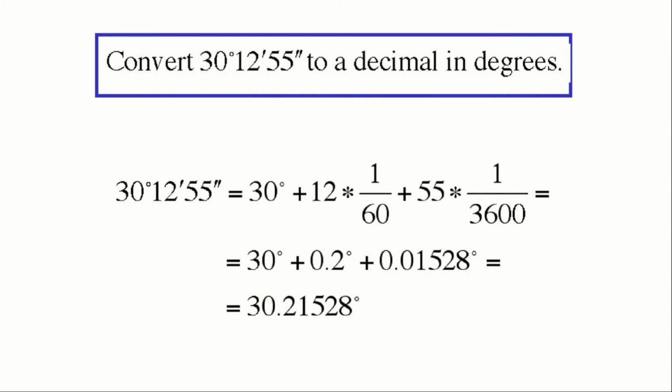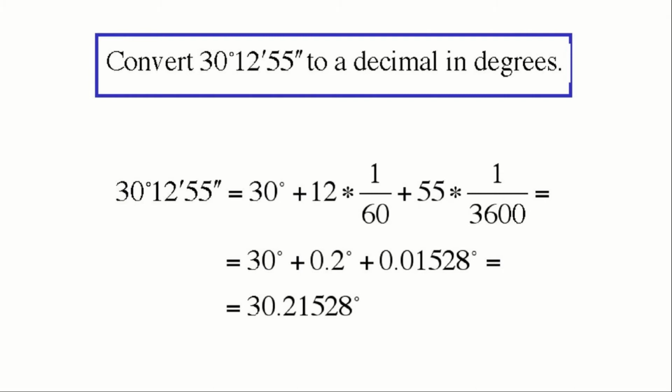We know that 1 minute is equal to 1 by 60 degree. Therefore 12 minute is equal to 12 into 1 by 60 degree, plus 55 seconds. So 1 second is equal to 1 by 3600 degree. Therefore 55 seconds is equal to 55 into 1 by 3600. After calculating all these things, we will get a decimal value of 30.21528 degree.